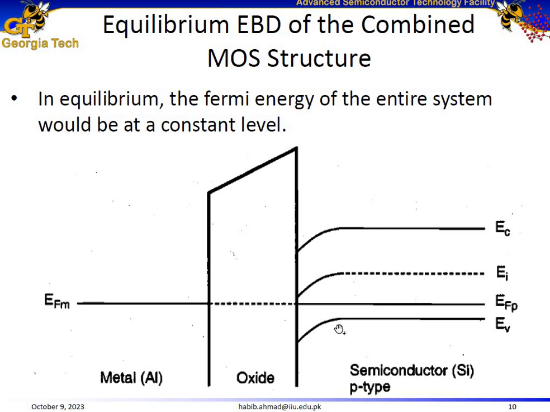Now, as we can see, under thermal equilibrium there is band bending. Is there any way to flatten these energy levels, the valence energy level, the intrinsic energy level, and the conduction energy level, when the built-in potential is minus 0.8 electron volts, or minus 0.8 volts?